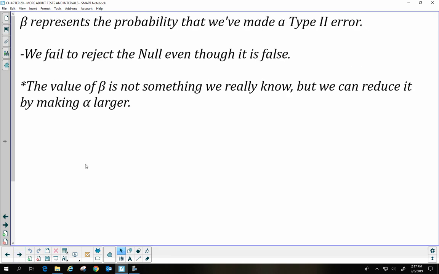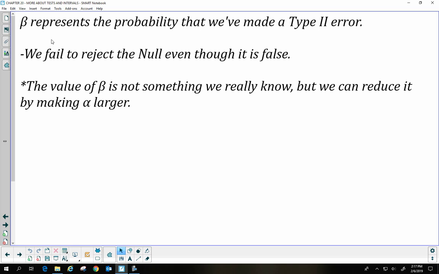Similar to that, we have what's called beta, this Greek letter B, and that represents the probability of making a type 2 error. In a type 2 error, we fail to reject the null hypothesis even though it's false. So getting a value for beta is not something we really can do.